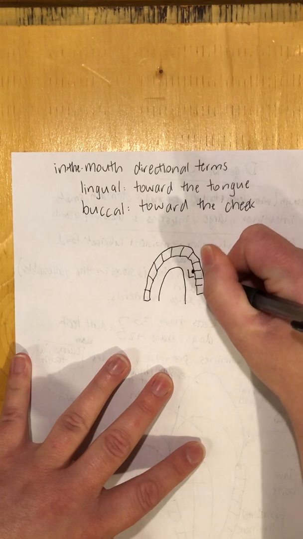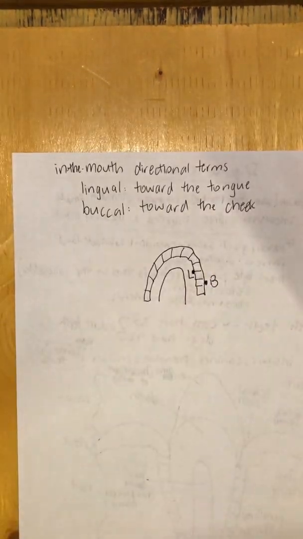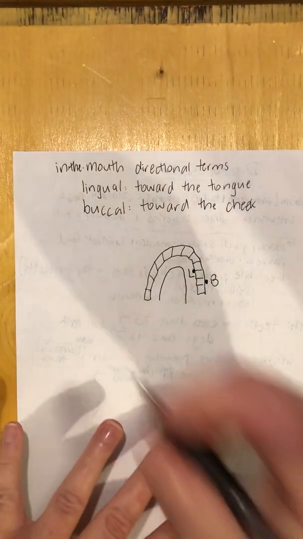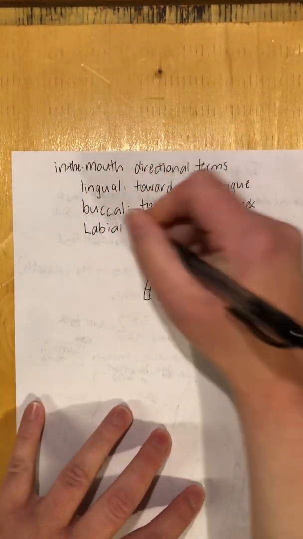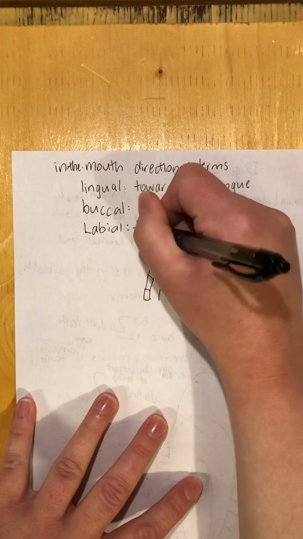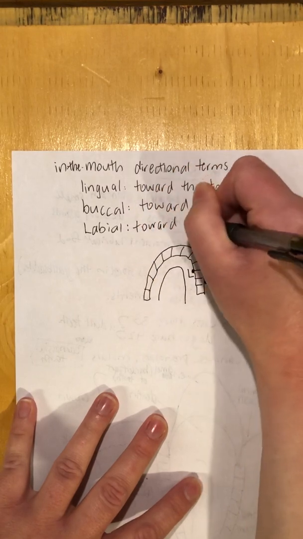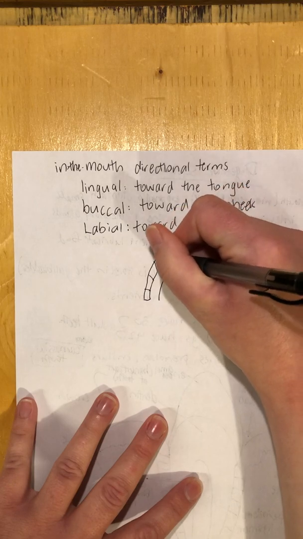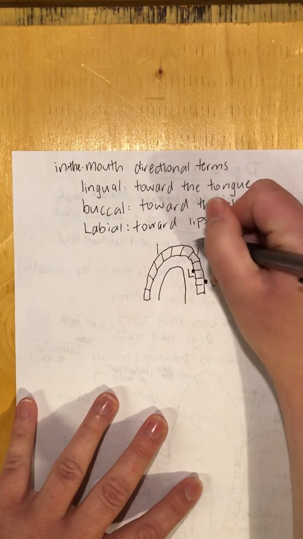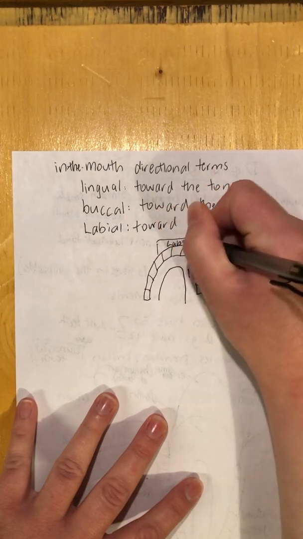So this side out here would be buccal. Then we have labial, and that means toward the lips. So basically this front portion here would be labial.